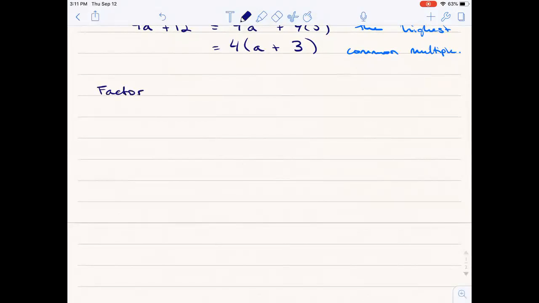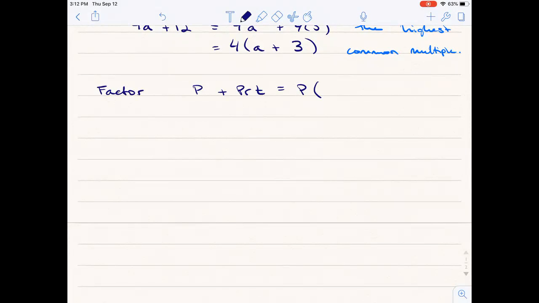What if I asked you to factor something like P plus PRT? Not too bad, right? There's definitely no R in the first term. There's no T in the first term. The only thing that we have is a P, and luckily we have a common P on both terms. And so we can pull out that common P, and this P is just P times 1, or 1P, right?